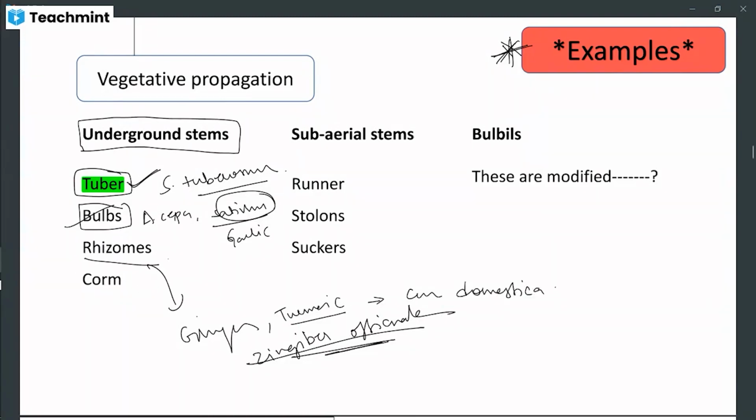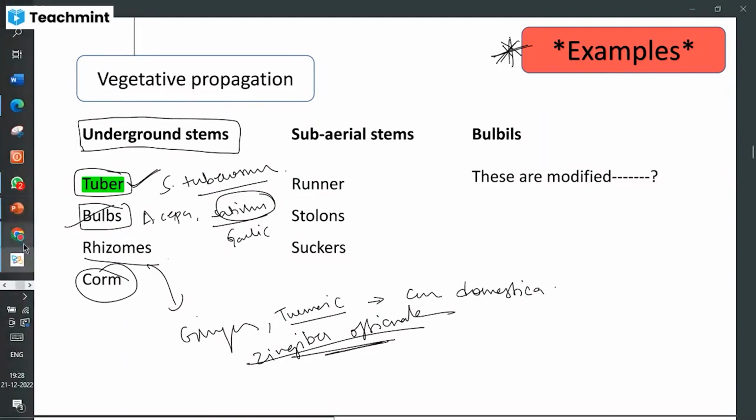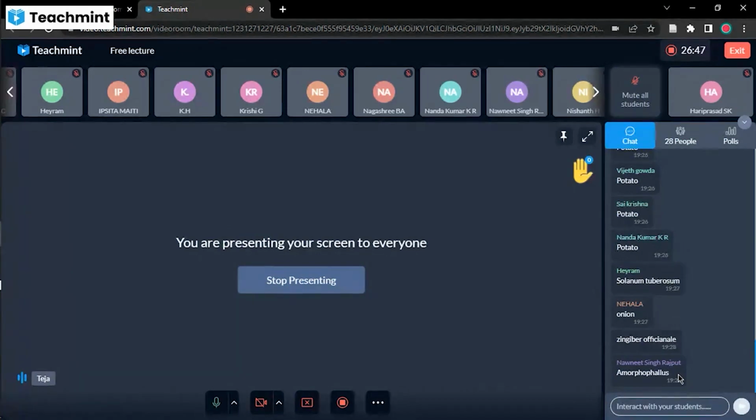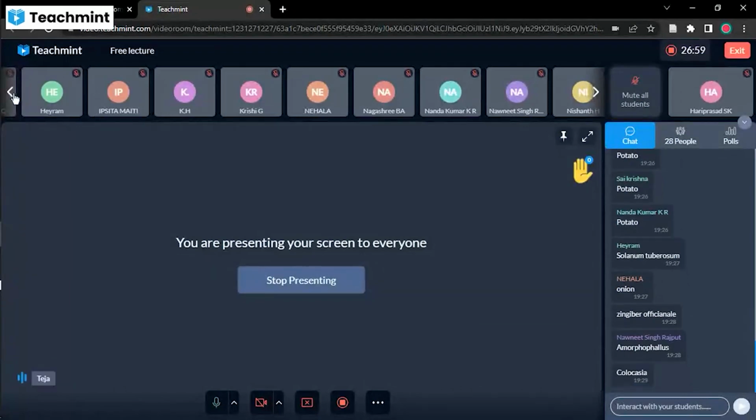And the example for corm? Come on, please do reply. Amorphophallus. Okay, Amorphophallus. Any other example? Colocasia. Okay.